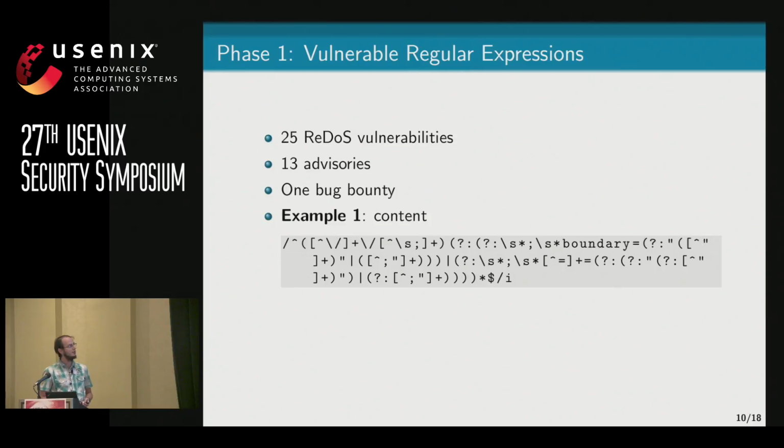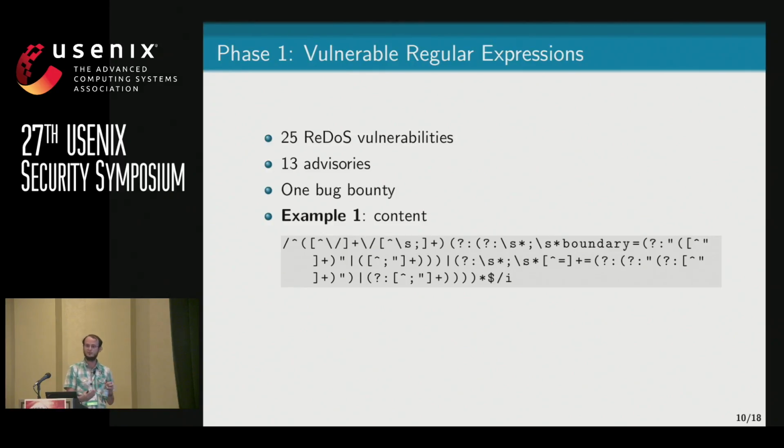I'll show you a couple of examples. Here is one of the vulnerabilities we found. Maybe it's hard to see at first sight if you never saw this problem before, but the trick is that the vulnerability is here, these two unbounded repetitions next to each other. Basically here we repeat the space characters, and here the not-equal character.